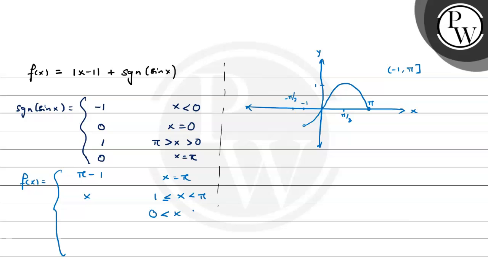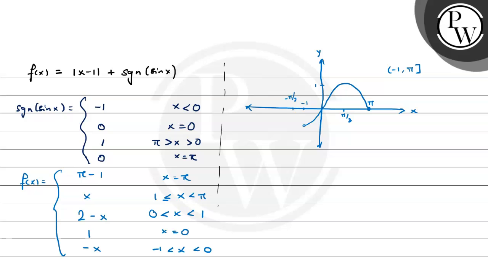For x lying between 0 and 1, the function will be 2 minus x. At 0, the functional value will be 1, and in the interval minus 1 to 0, the functional value is minus x.